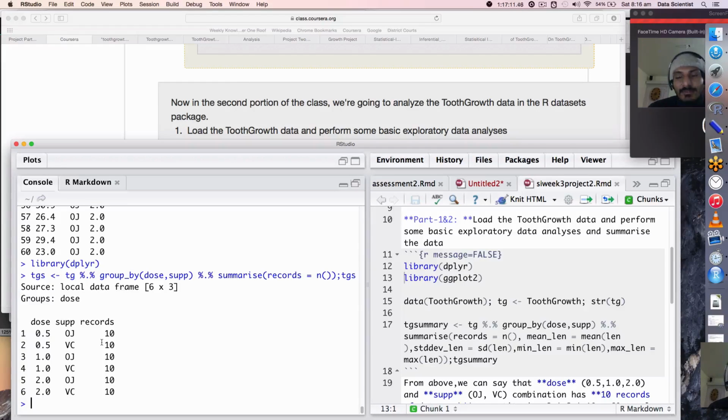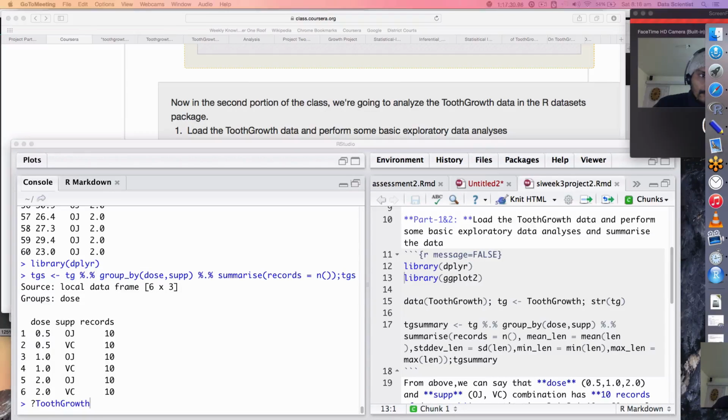Okay, we'll check with 60, but the graph won't tell us anything. On what basis are you saying 60, Abhishek? Your answer is correct, but what is the logic? So what I'm doing is I'm once again looking at the help of ToothGrowth.